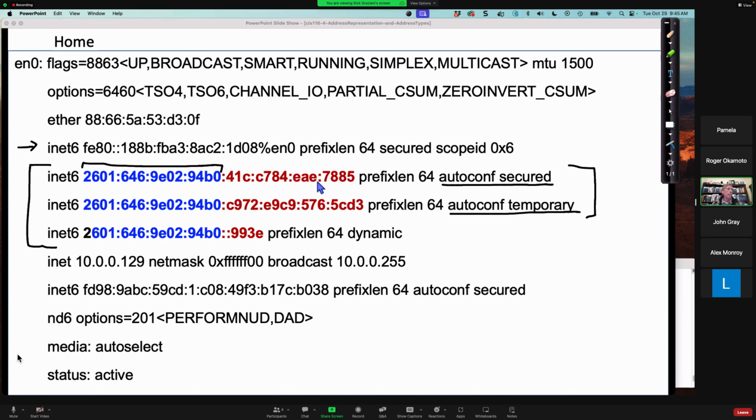This address here, temporary, is used anytime I initiate a connection. I go to Netflix, I go to Google, I go to Zoom, I go to Facebook, I go to LinkedIn, doesn't matter. This is the address that I and whoever I initiated the connection with are going to use to communicate.